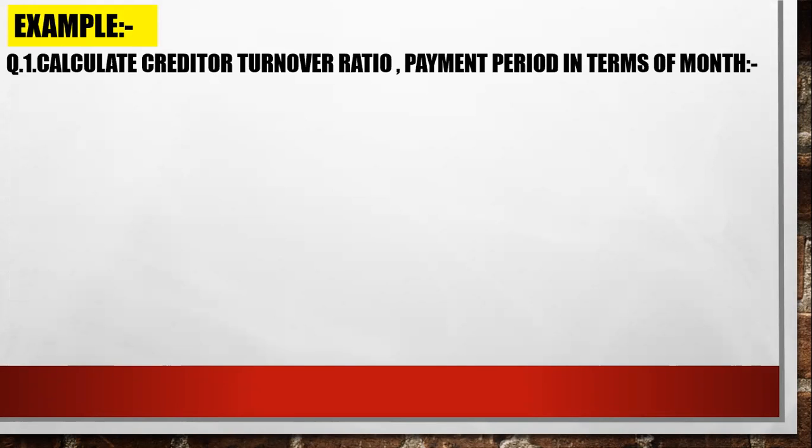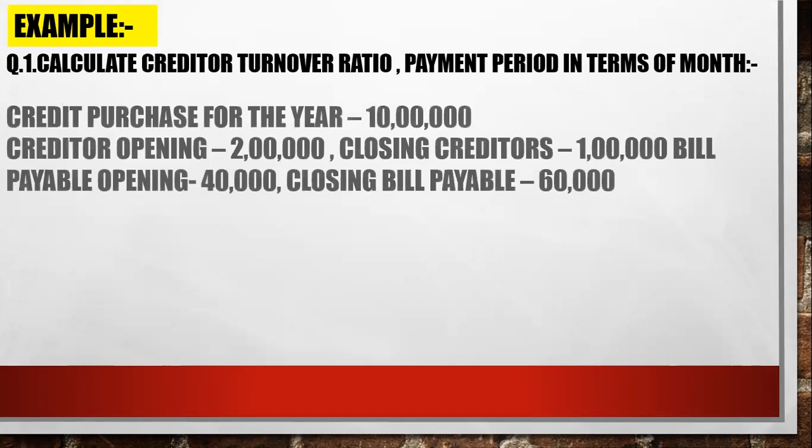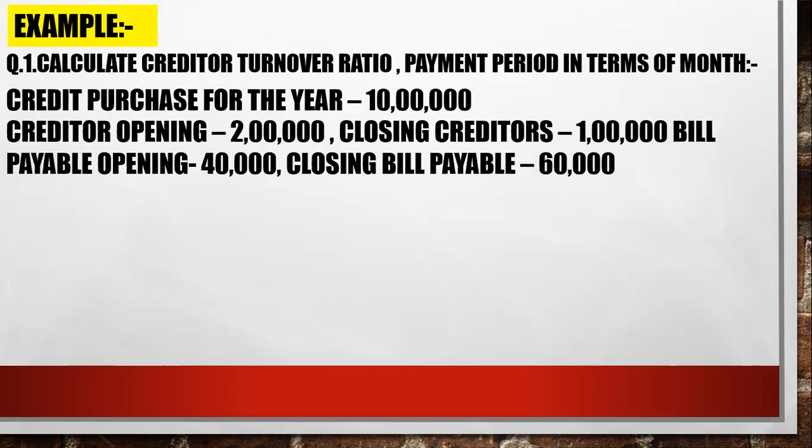You have to calculate the creditors turnover ratio in this sum, and you have to calculate the payment period in terms of months. The question has given you credit purchase for the year, that is 10 lakh. They have given you the credit purchase directly, but in this sum we want the average creditors. You have to divide credit purchase by the average creditors.